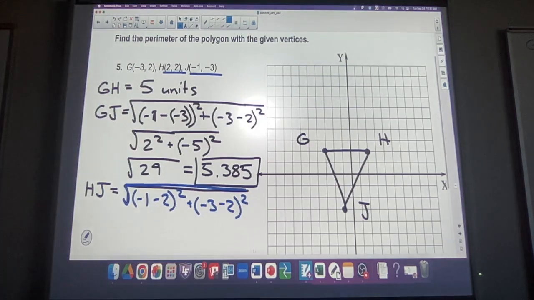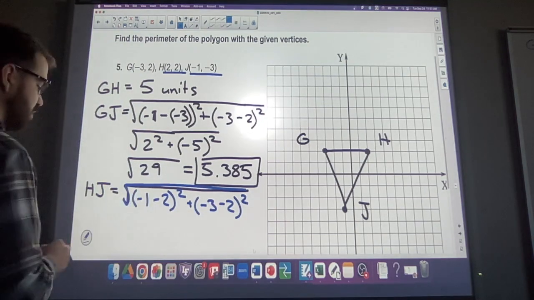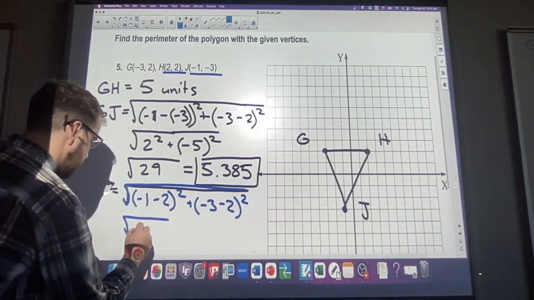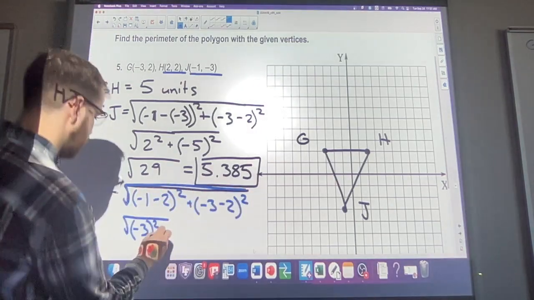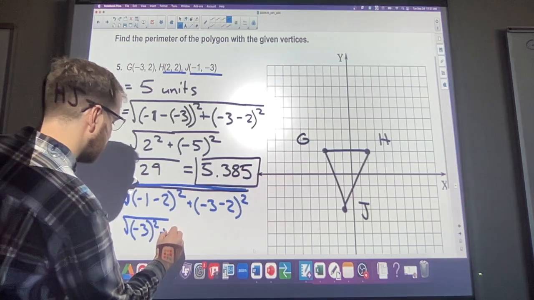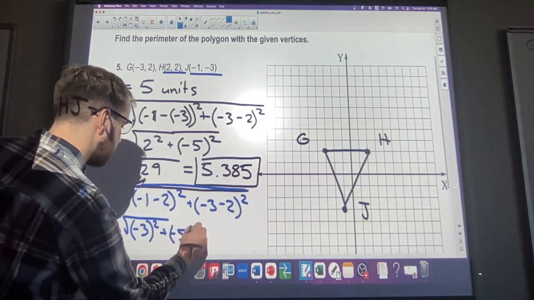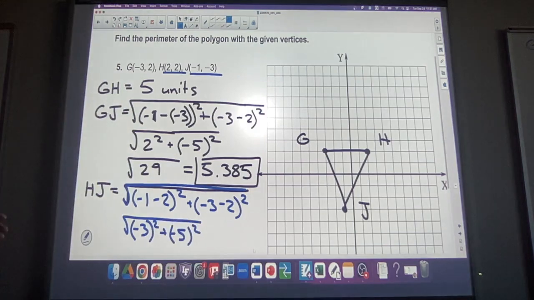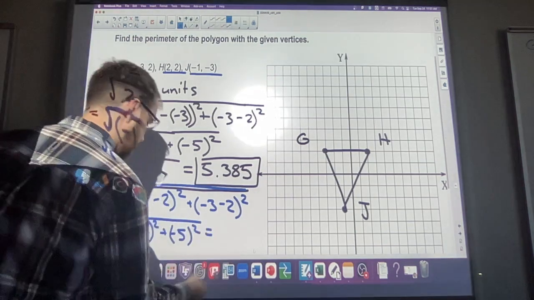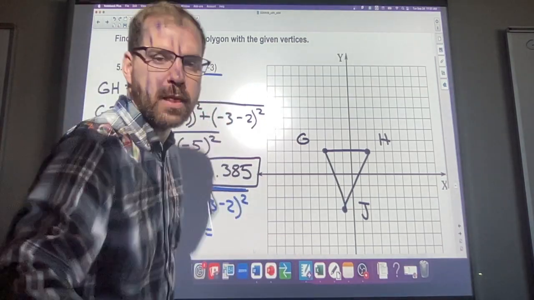And yeah, so let's do this. So negative 1 minus 2 is negative 3. So we got negative 3 squared. And then negative 3 minus 2 is negative 5. So it'd be plus negative 5 squared. Let me just make sure I didn't make a mistake here. Negative 3, negative 5, good. And I'm going to scroll down.